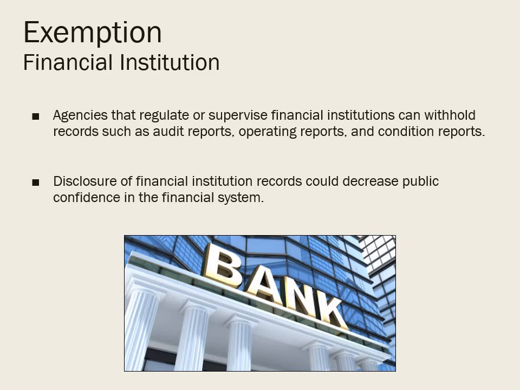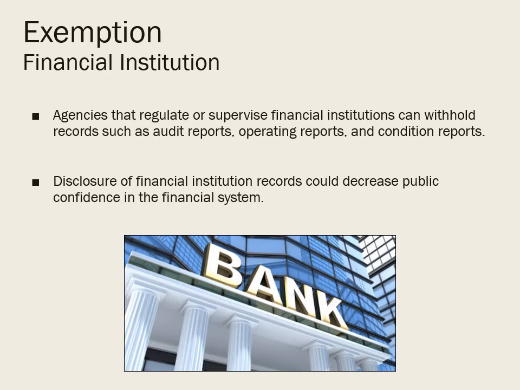Under the financial institution exemption, agencies that regulate banks and other financial institutions, such as the Consumer Financial Protection Bureau, can withhold records such as operating reports and audit records. The reason for this is that Congress believes that disclosing these records might decrease the public's confidence in our financial system.